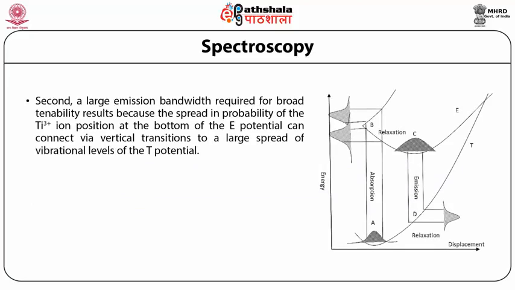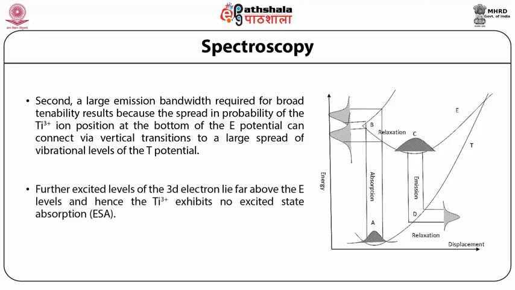Second, a large emission bandwidth required for broad tunability results because the spread in probability of the titanium ion position at the bottom of the E potential can connect via vertical transitions to a large spread of vibrational levels of the T potential. Further, excited levels of the 3d electrons lie far above the E levels and hence the titanium ions exhibit no excited state absorption.